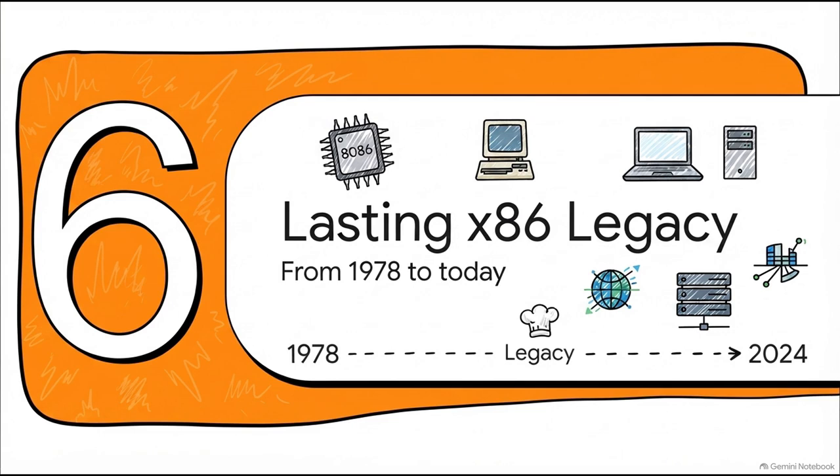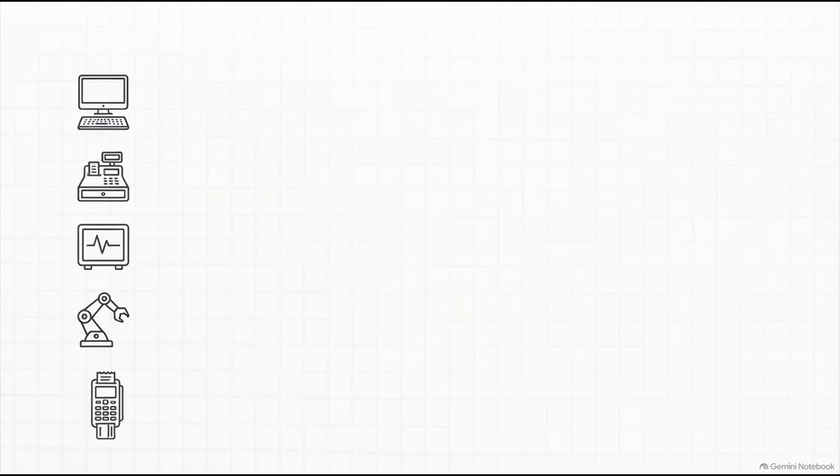Which brings us to Section 6, the lasting 86 legacy, from 1978 to today. Let's zoom out from the microscopic operations of our little CPU kitchen and look at the sheer global impact of what Intel created here. The 8086 and its core concepts didn't just stay in some R&D lab, they literally changed the world.